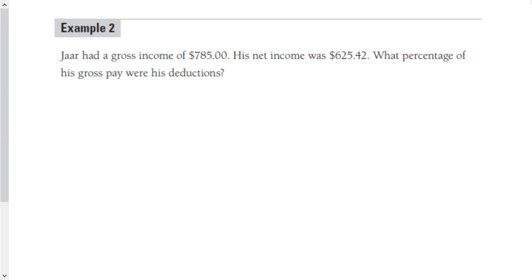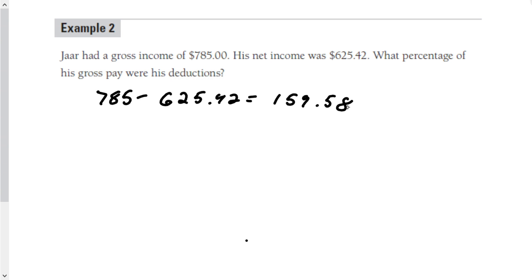Example 2, Jar had a gross income of $785. His net income was $625. What percentage of his gross pay were his deductions? So calculate the amount of deductions by subtracting his net income. So 785 minus 625.42 is equal to 159.58.